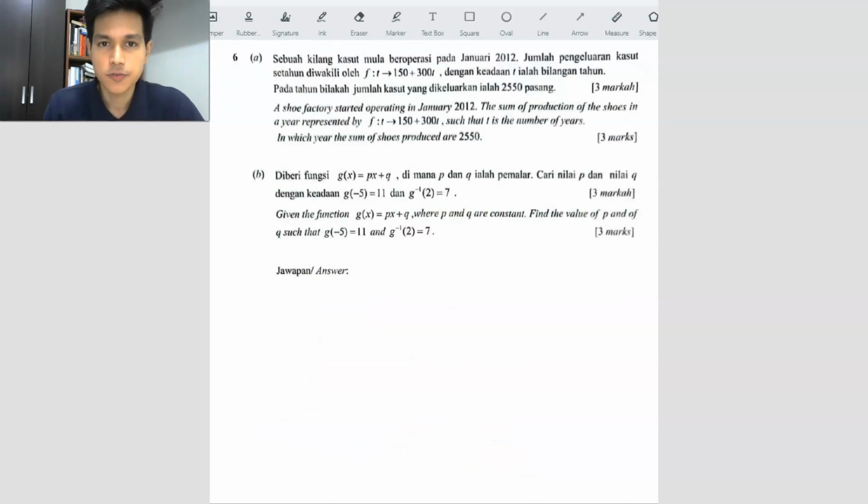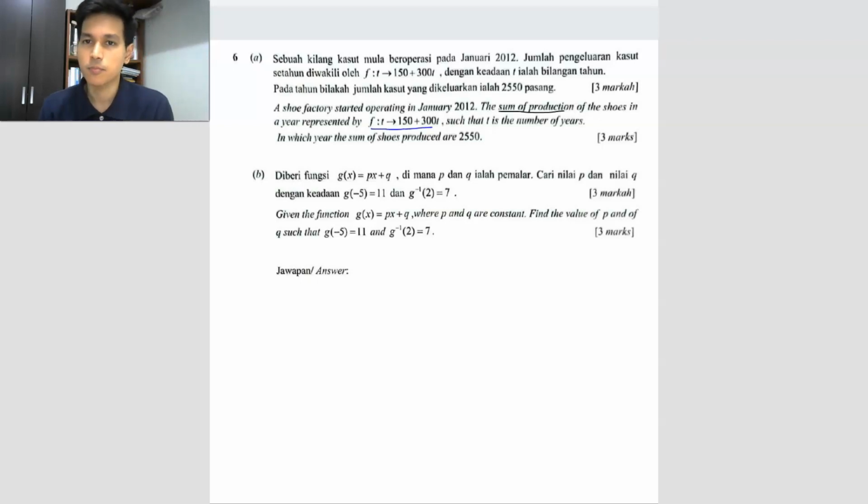Number 6. A shoe factory started operating in January 2012. The sum of production of the shoes in a year is represented by this function. Take note, this function represents the sum of production. If I want to find year 0, how many shoes they produced that year, I substitute t equals 0, and the value is the amount of shoes they produce in that whole year.